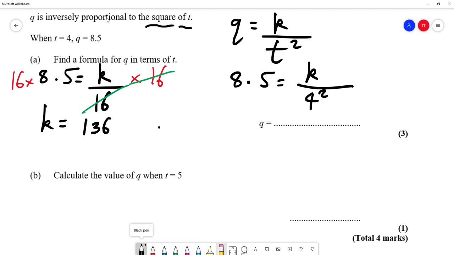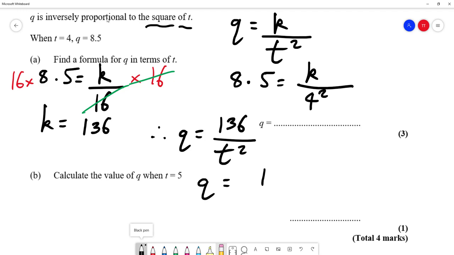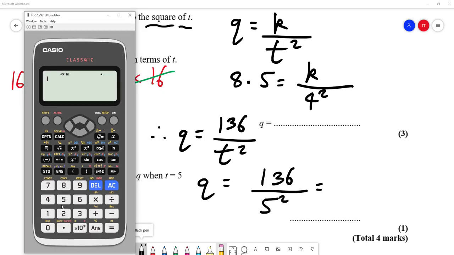So our formula is going to be Q is 136 divided by t squared. Then it says calculate the value of Q when t is 5. So 136 over 5 squared. So it will be 136 divided by 25. 5.44.